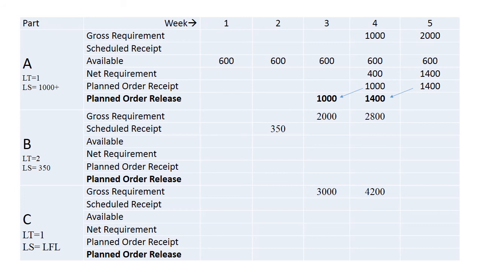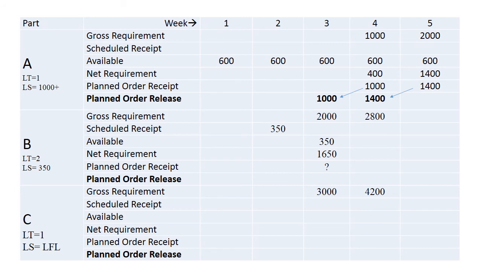Remember, the 350 units of B came in week 2. Since you're not planning to use them, they will be carried over and considered available from the past. So you needed 2,000. You have 350 units available from the past. You need 1,650 more. So the question is, how much should you plan to receive?